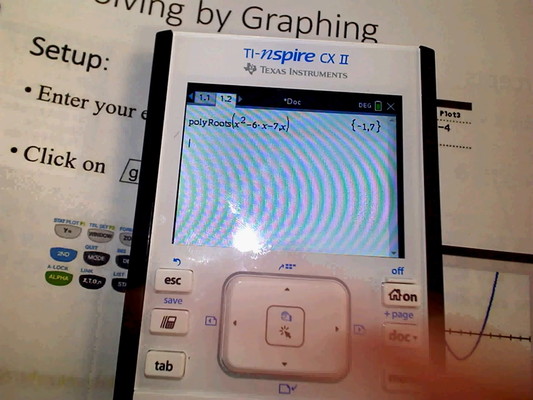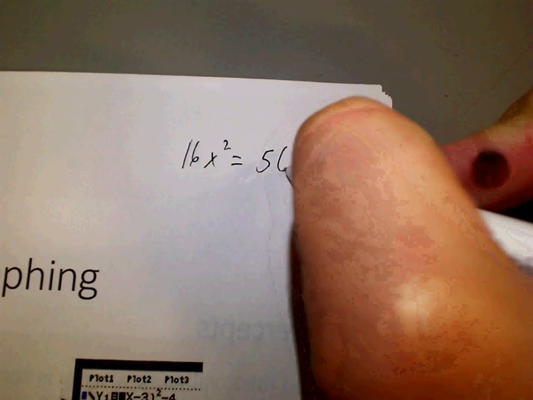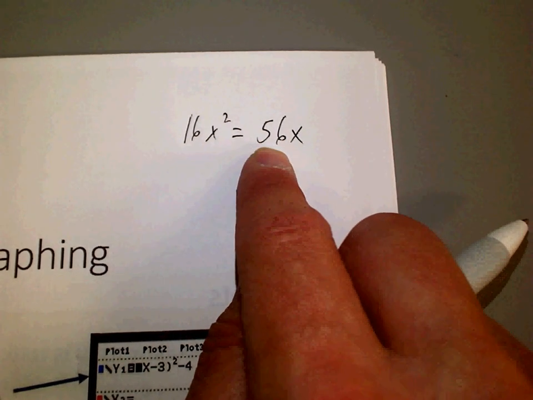There is one on your homework. I'm going to give it to you in just a second. That looks like this, so let's talk about it. It says 16x squared equals 56x. With it looking like this, there's something we need to discuss.